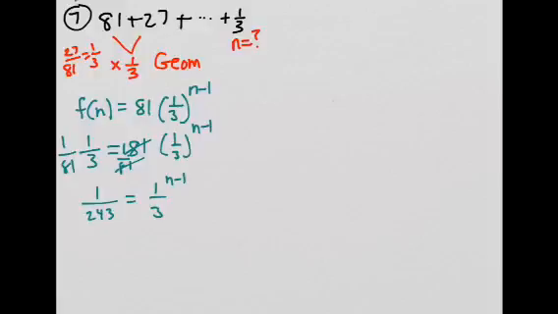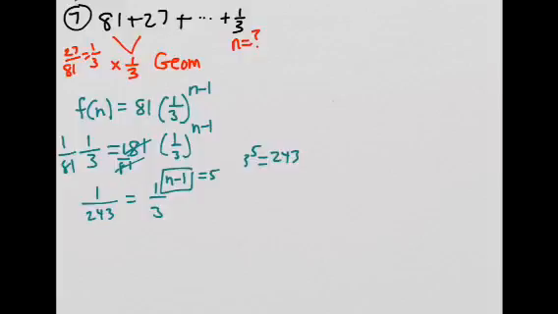So think of a number, let's see, 3, 4, maybe 3 to the 5th power. You know that 3 to the 5th power is 243. Just double check it real quick. 3 to the 5th power is 243. So with that in mind, I know that this here would have to be 5, right?